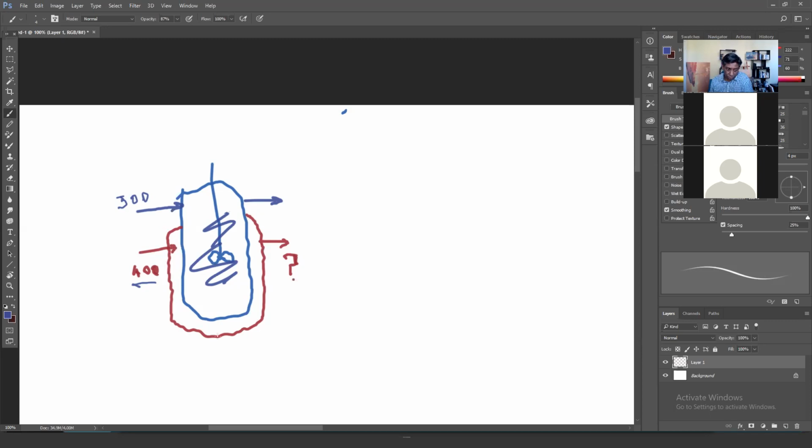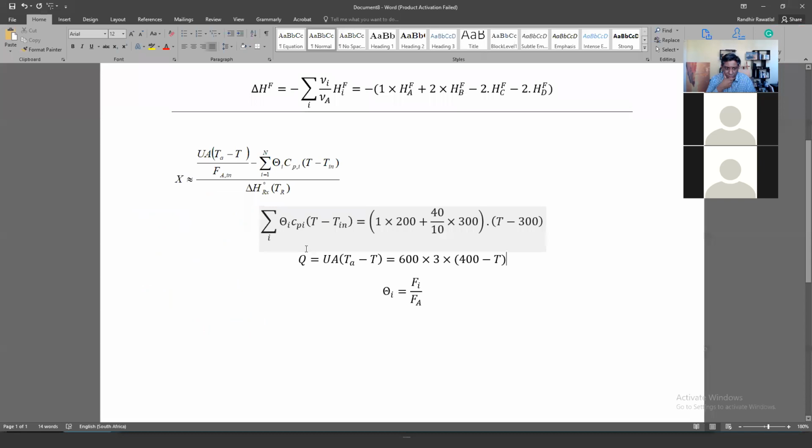So if you have a low enough space-time, in other words, if you have a high enough velocity here, then you can assume the 400 is the same right through that jacket. And in the notes, we looked at how to test that assumption and so on. In this development, looks like we are just assuming it to be true. Okay, so that's why we've got just TA minus T.